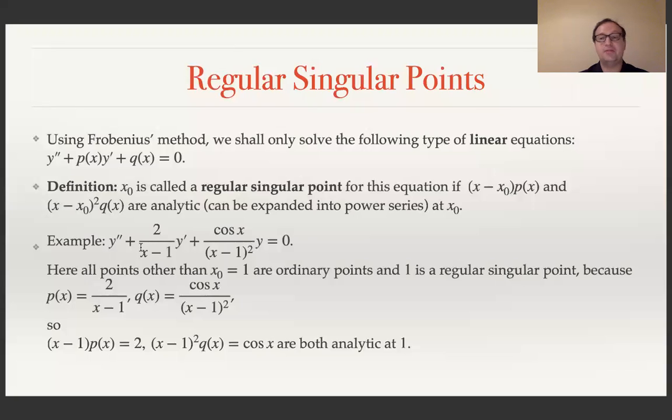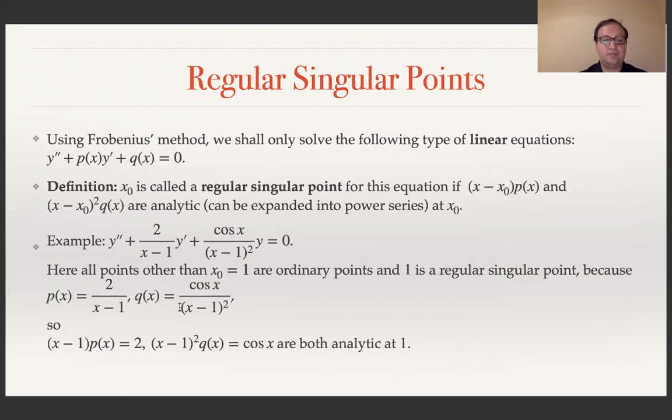However, let's check whether it is a regular singular point. So the coefficient of y prime is 2 over x minus 1. So this is p of x, equal to 2 over x minus 1. And q of x, the coefficient of y, is cosine x over (x minus 1) squared.